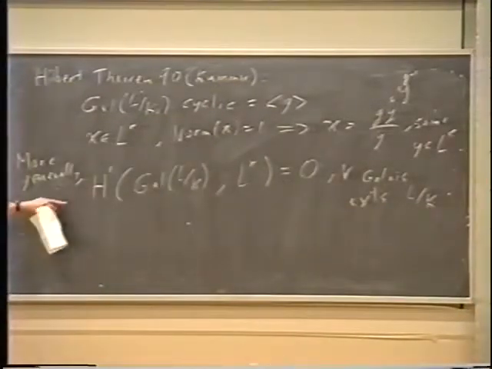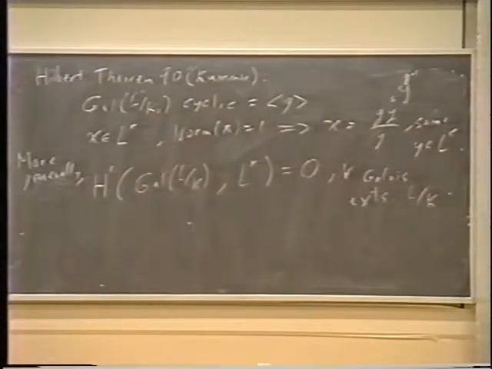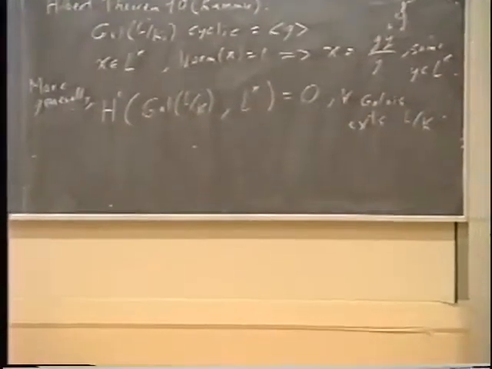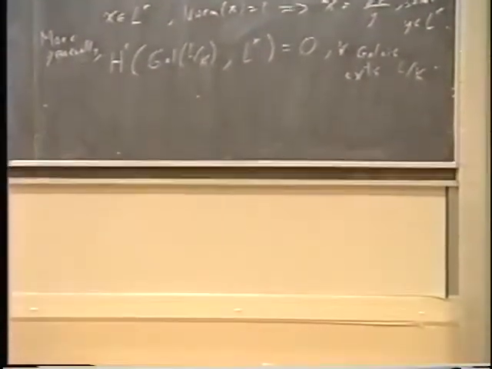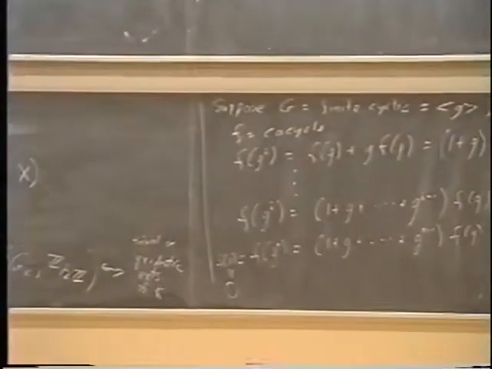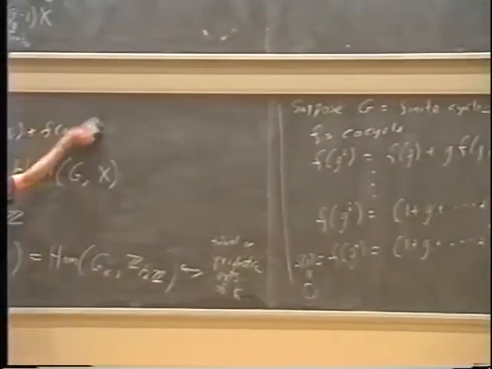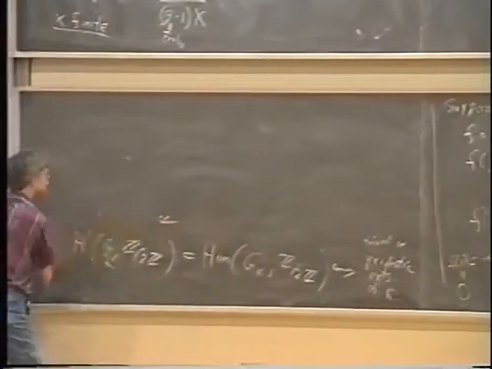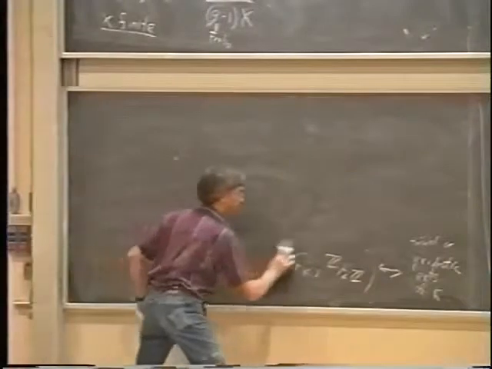So this is actually something useful. To use it, we need the long exact sequence from cohomology. Well, any cohomology theory that's reasonable has something like this happen.